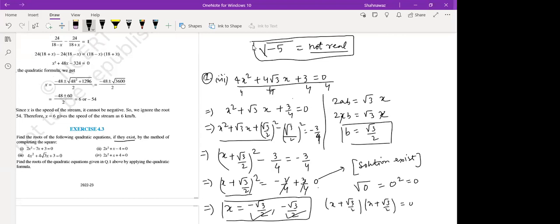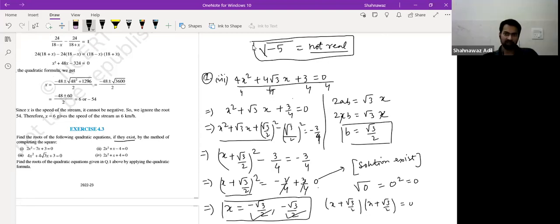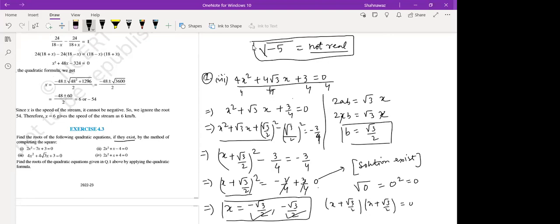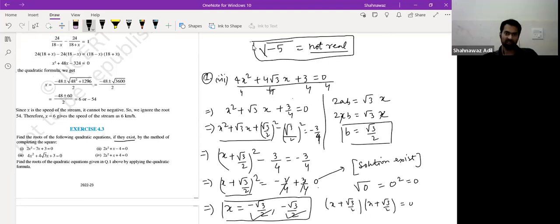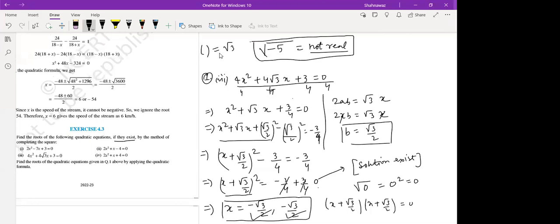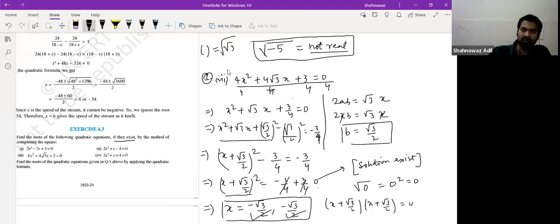And what about the root numbers? What about the positive numbers? No, the root, root 3. So if you have, let's say, this guy equals root something, this will have again root of something. Root of root 3 also exists.